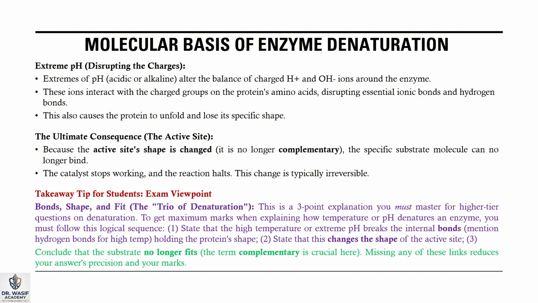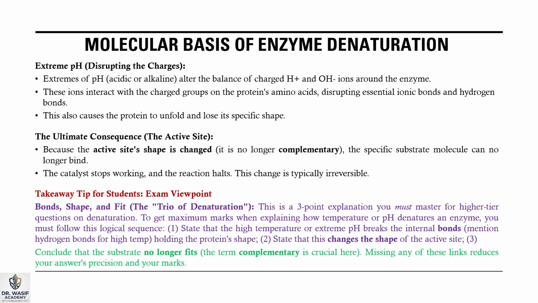If you are aiming for those higher marks, you must master what I call the trio of denaturation. In an exam, never just say it stops working. You must follow this three-step logic. The first one is bonds. State that the high temperature or extreme pH breaks the internal bonds like hydrogen bonds. The second point is shape.